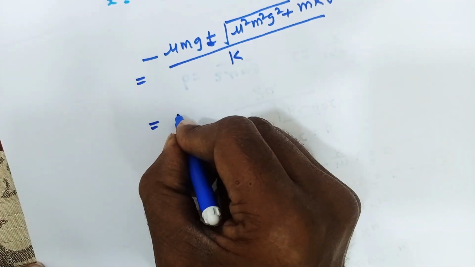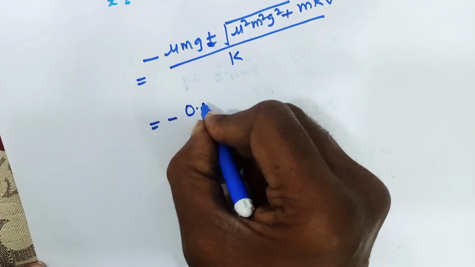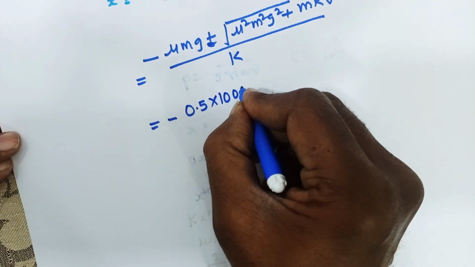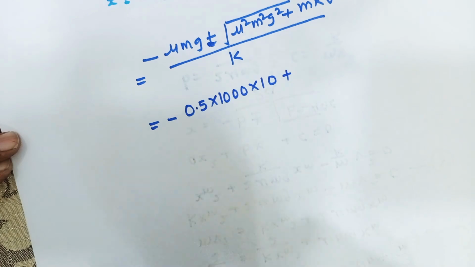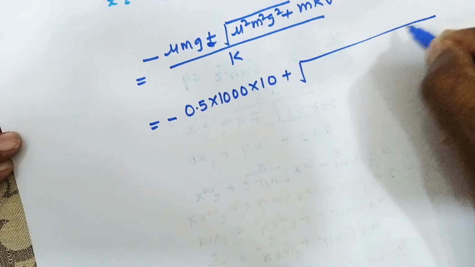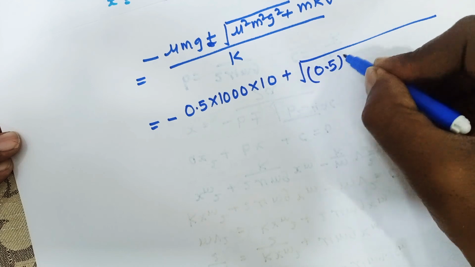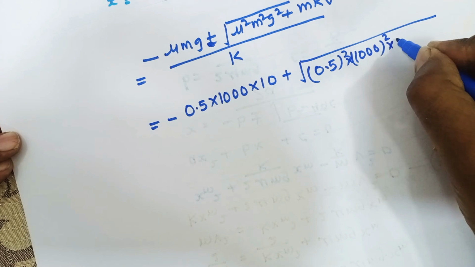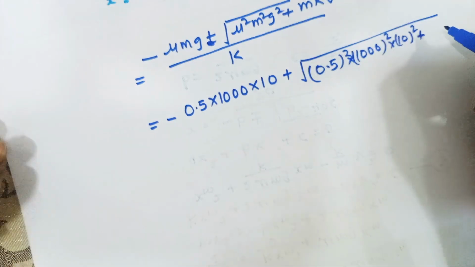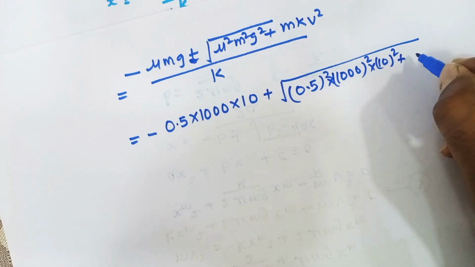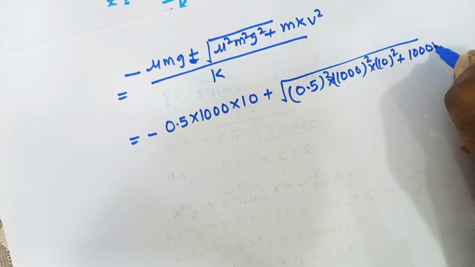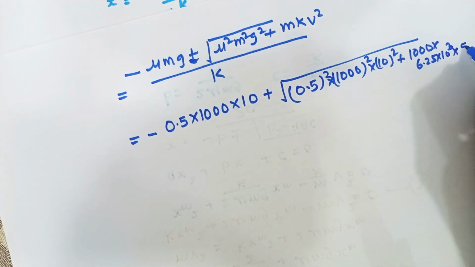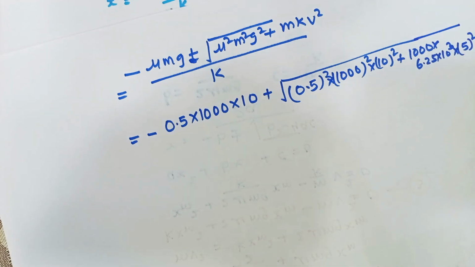Now here we will put minus, mu is 0.5, m is 1000, g you can take 10, plus mu square 0.5 the whole square, m 1000 the whole square, g square means 10 the whole square, plus m again 1000, k 6.25 times 10 to the power 3, and v is 5 meter per second, because the speed was 18 kilometer per hour.